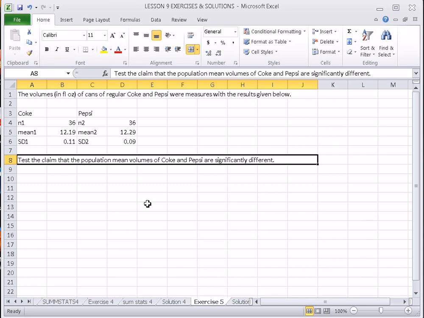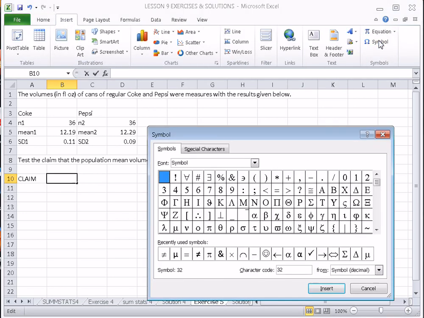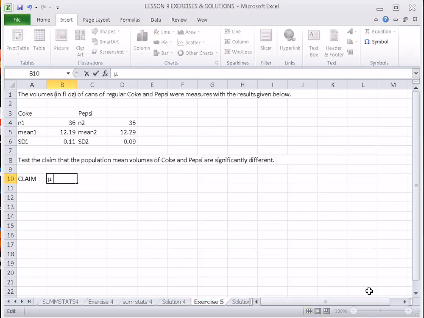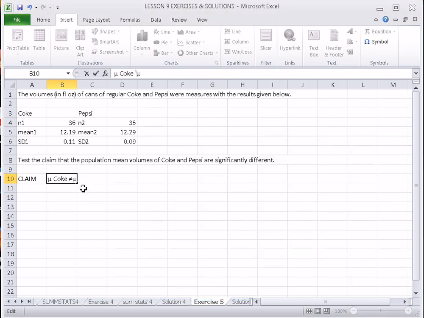So again, we are doing a two-tailed test. Lots of two-tailed tests this go around. The claim is that they're significantly different. We're working with two means. So let's say that the mean for Coke, significantly different, so does not equal the mean for Pepsi.